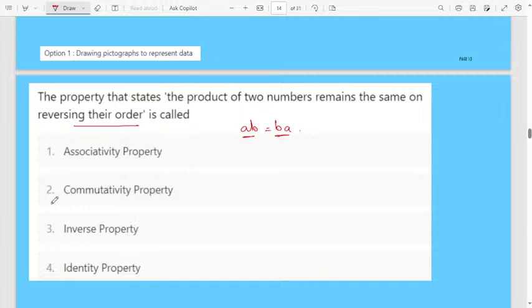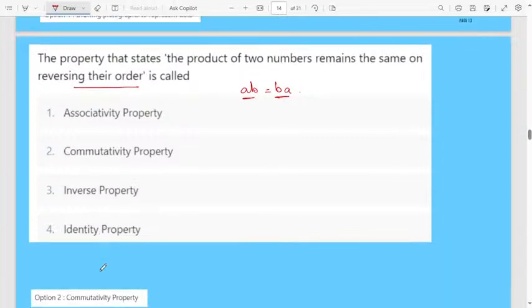Associative property. Second one, commutative property. Third one, inverse property. D, identity property. When you reverse the numbers, the product is the same, which means commutative property.